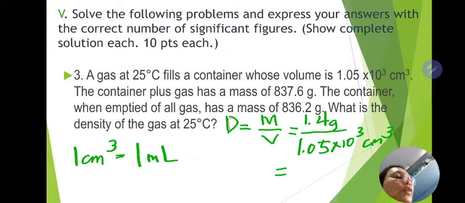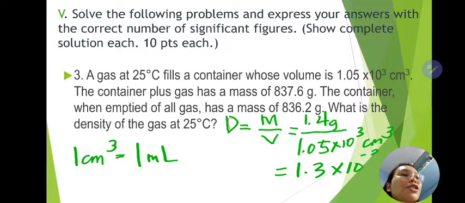Okay. So, 1.4 divided by 1.05 exponent third power. So 1.33, 1.3 times 10 to the negative 3 naman siya. Yung magiging answer sa calculator nyo, gram per cm cube.